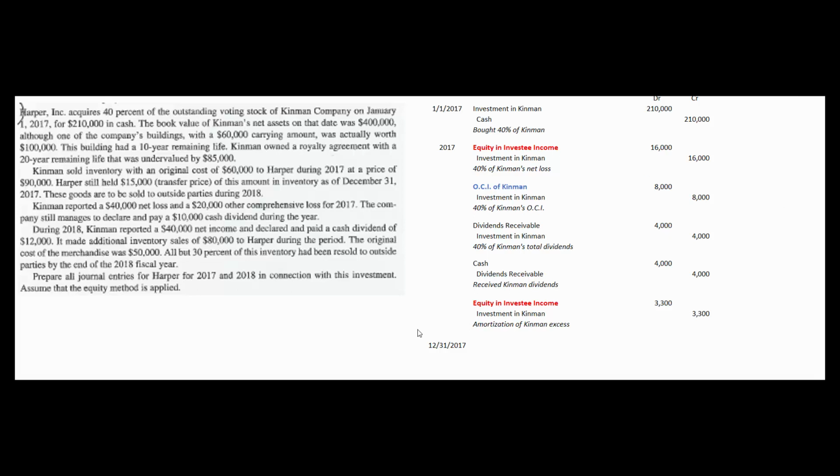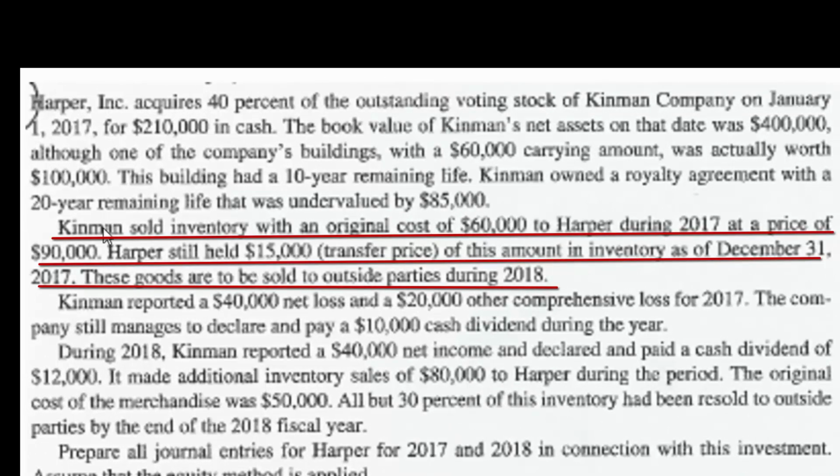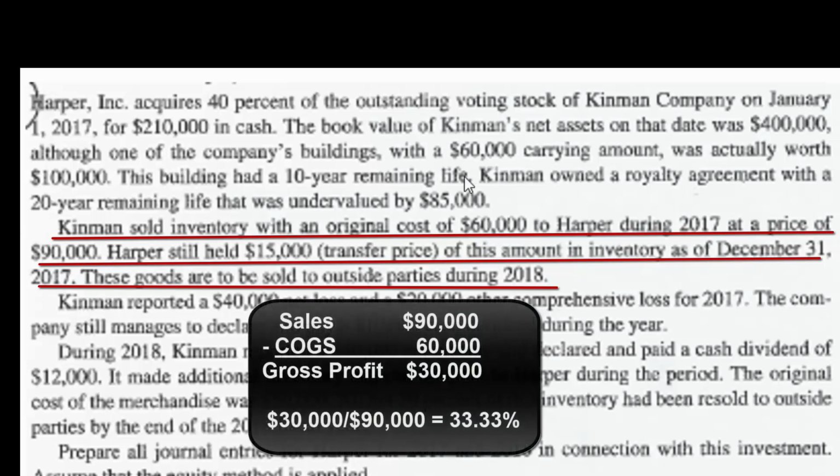At the end of the year, we have to defer some gross profit. So Kinman sold to Harper stuff for $90,000 that cost Kinman $60,000. So that's a 33.33% gross profit margin. And at the end of the year, Harper still had not sold $15,000 of that. So we're going to have to defer some of that gross profit because it has not been sold to an outside third party yet.